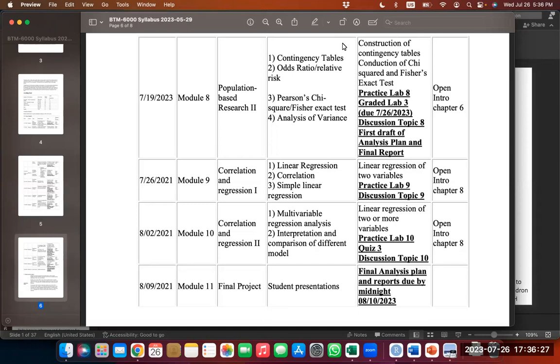If you have 3 or more levels of the independent variable, you would use an ANOVA, right? If you have 2 categorical variables that you want to test for an association, you would do a chi-squared test, as we did last class. If you have 2 continuous variables and you want to test them for associations with each other, then you use correlation.